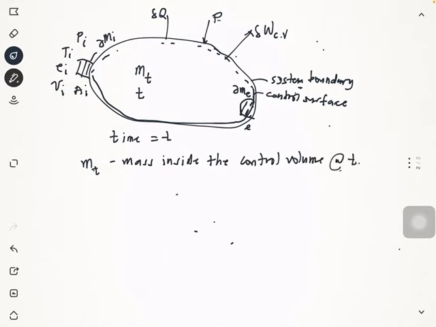Okay. So in here, the mass is right at the system boundary. So this is the state at a given time. There is mass at a given time. Okay.